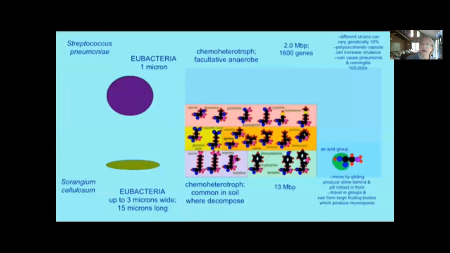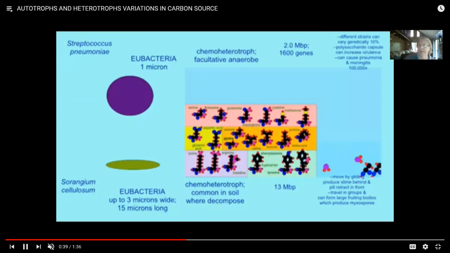Now, I get my energy by breaking down sugar and protein. I'm using chemicals as an energy source. As I convert, say, sugar into carbon dioxide and water, energy is released. And some bacteria do the same. So they are chemotrophs.